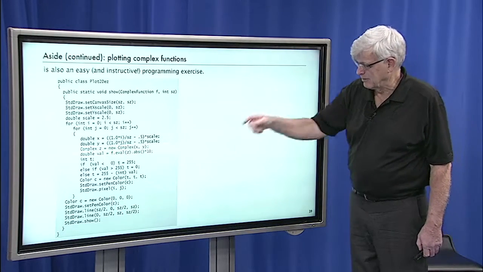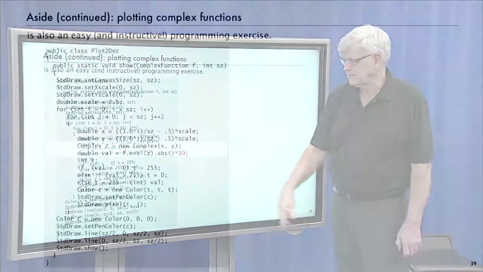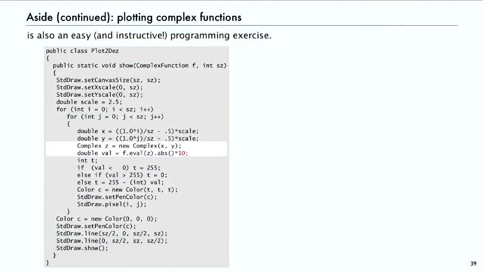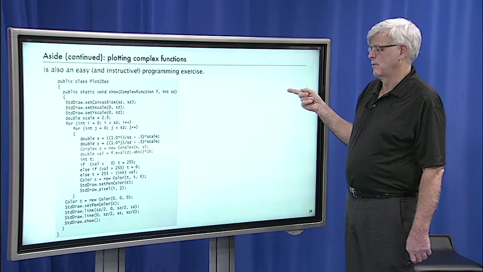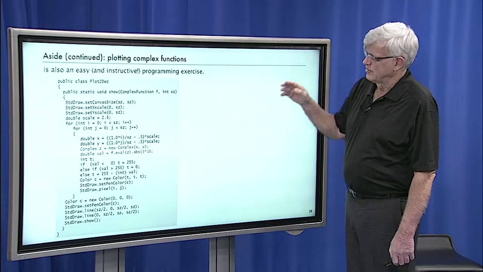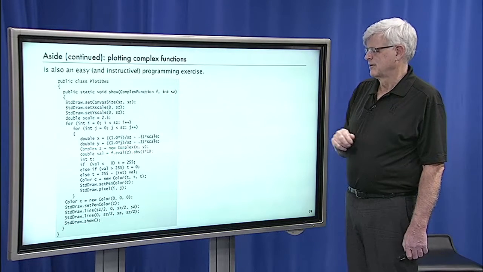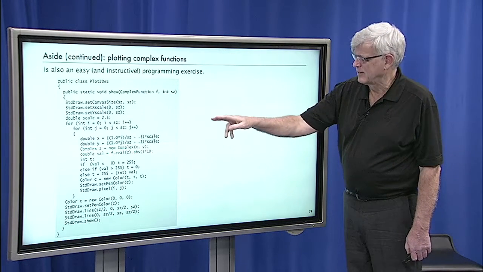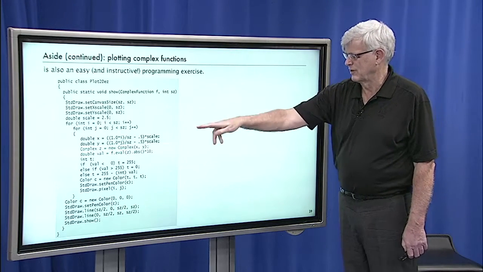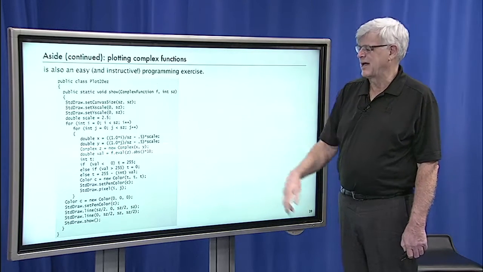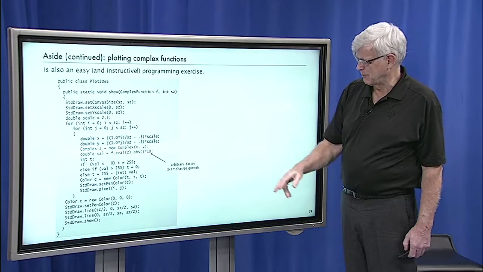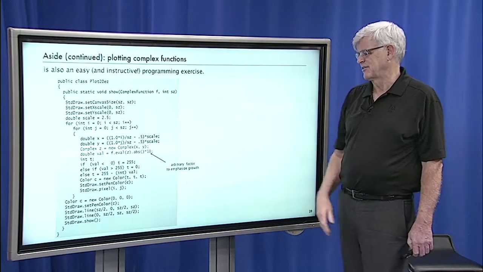So that's what this code in here is doing. It's going to give an x and y, which are the scaled xy coordinates in the image. It's going to create a new complex number, and then it's going to evaluate a given function at that complex number, compute the absolute value, and actually we multiply by 10 to really emphasize the growth.